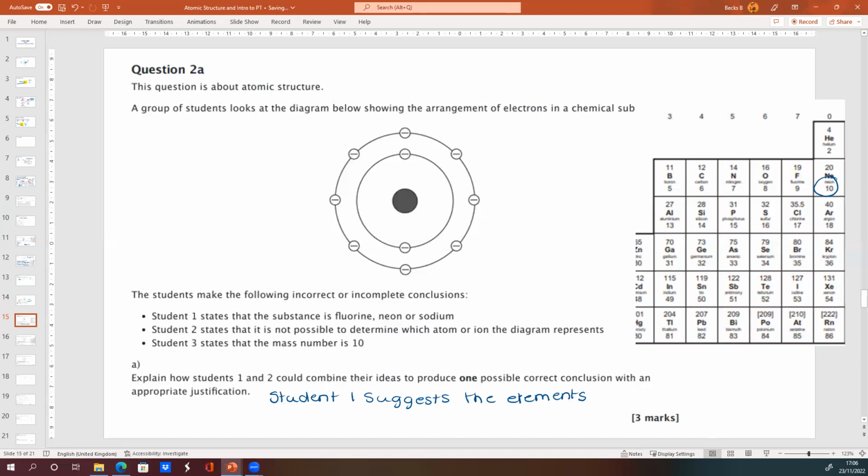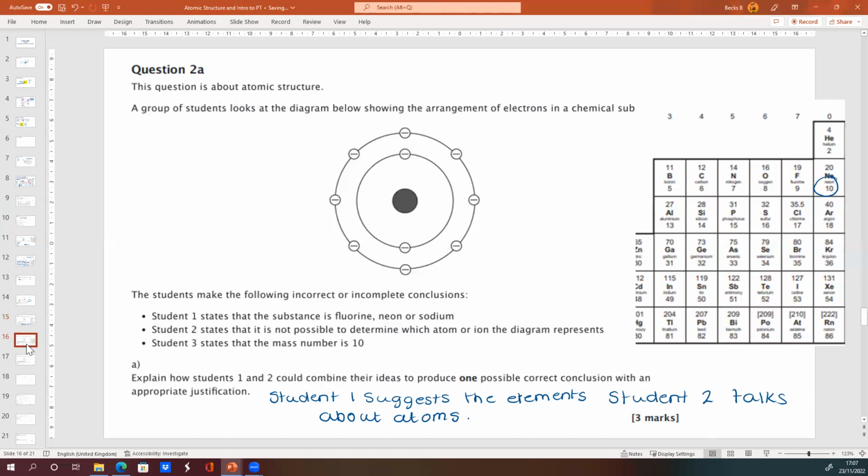So student 1 has the correct suggestion, but student 2 then needs to go on and explain a little bit more detail that we can use the number of electrons to work out which atom it is. Okay, so they're both kind of onto something. They just need to further their answers.